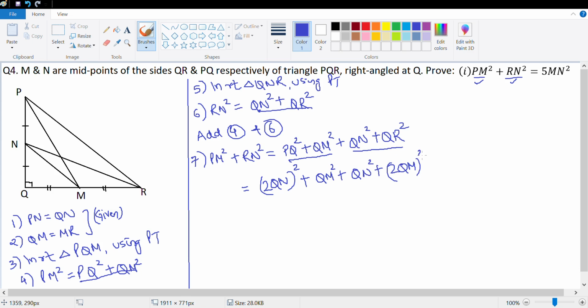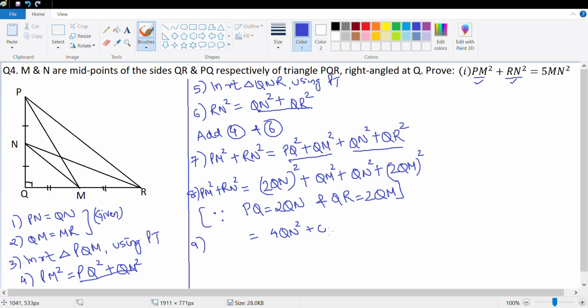The reason is that PQ is equal to 2 times QN and QR is equal to 2 times QM. So my right hand side becomes 4QN square plus QM square plus QN square plus 4QM square.